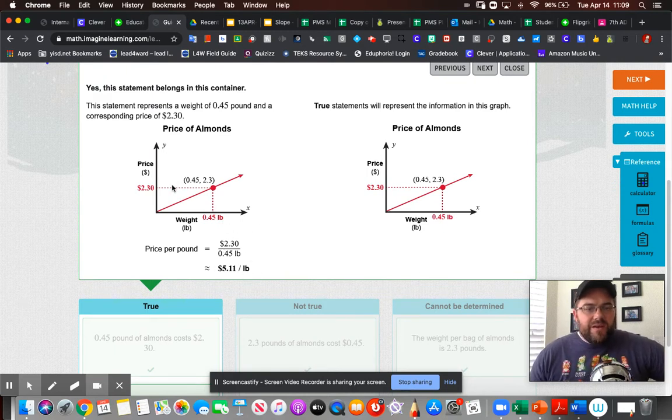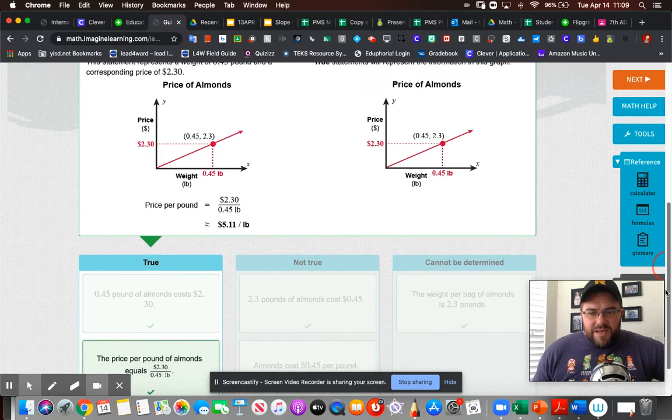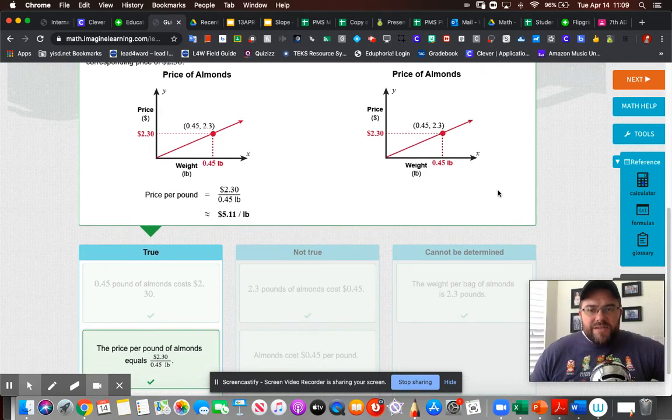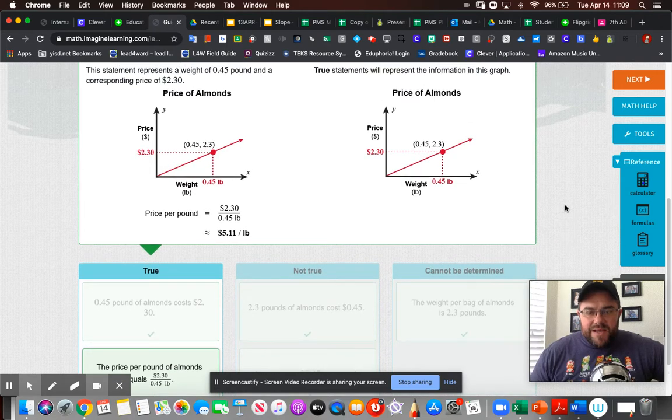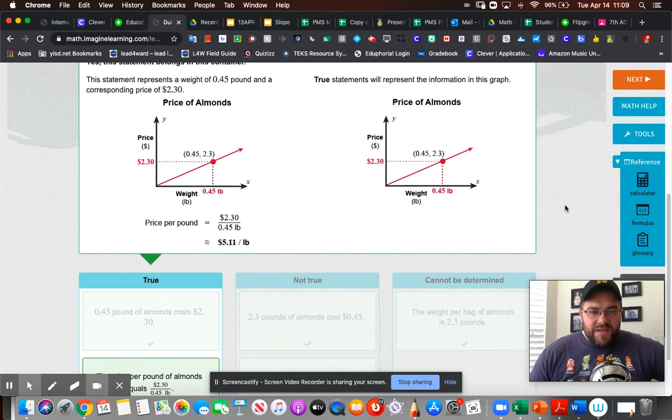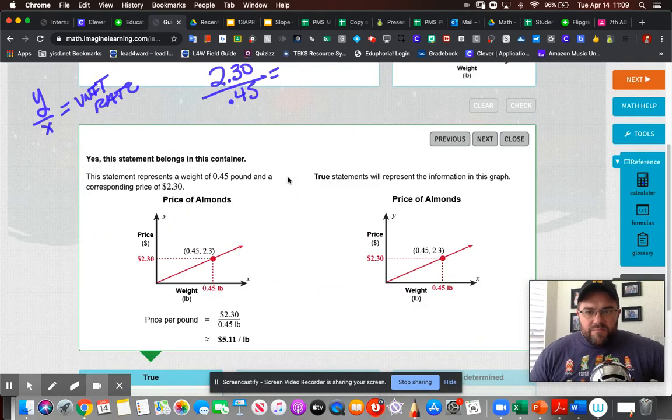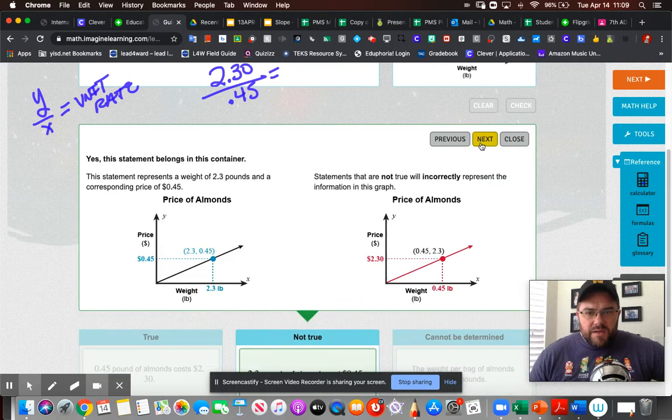We said that with a proportional relationship, we can divide the y coordinates by the x coordinates, no matter where they are, and it will give us our unit rate. And that is what allows us to say that the statement right here that almonds cost 45 cents a pound is incorrect. We're able to say that because of this statement right here. So let's move on.